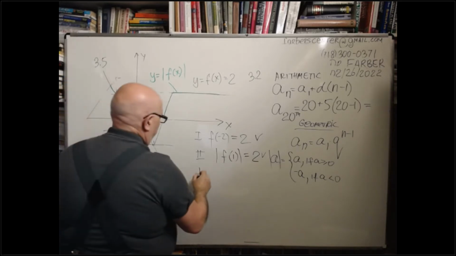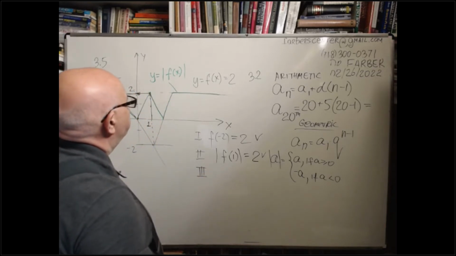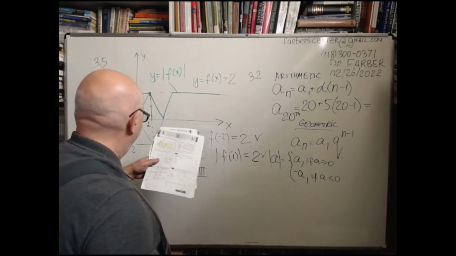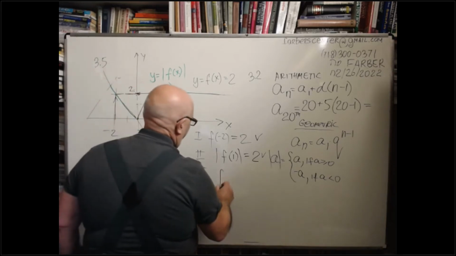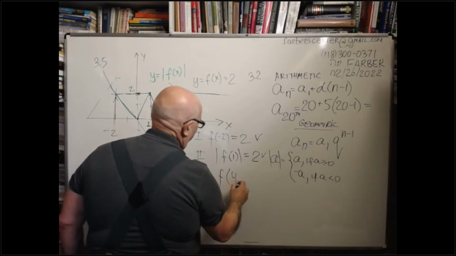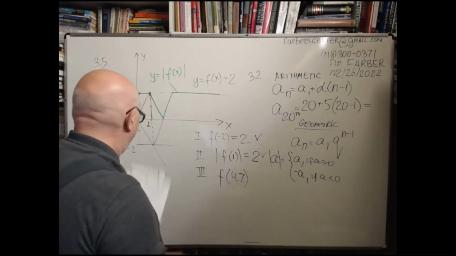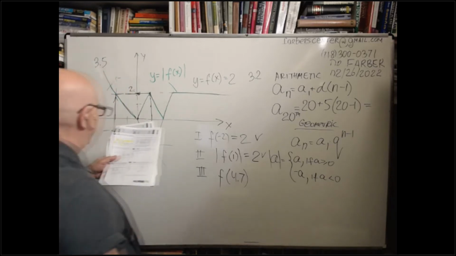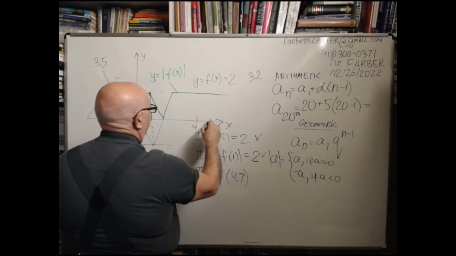Number 3. What do you have in number 3? F of 4.7. It's not to scale, I just made it schematic. Looking at this picture, this is 4 and this is 5. 4.7 is something like this.